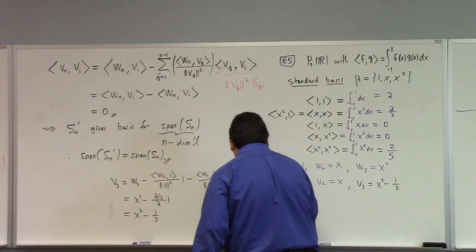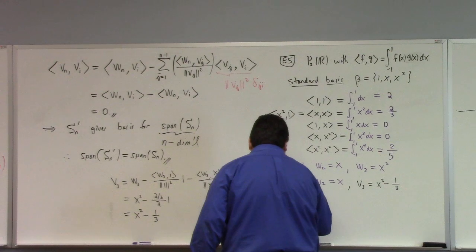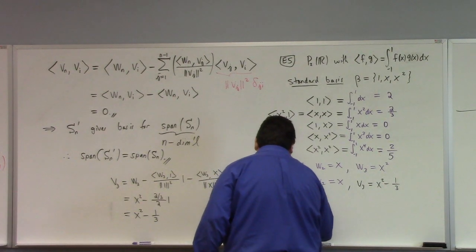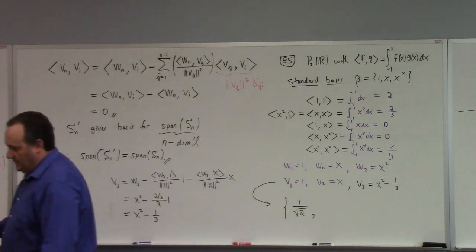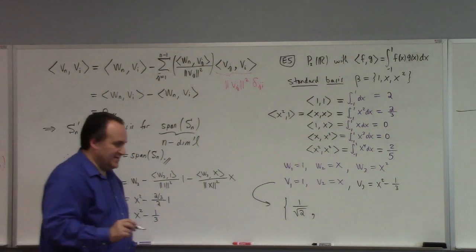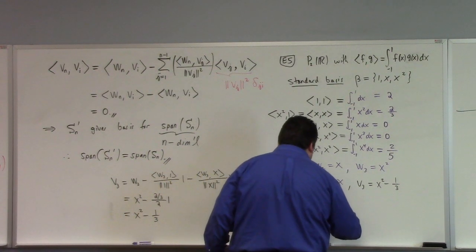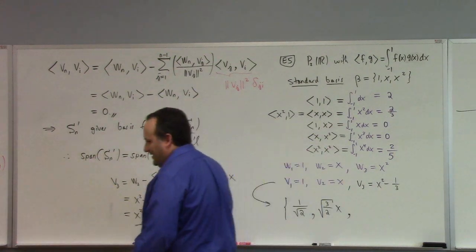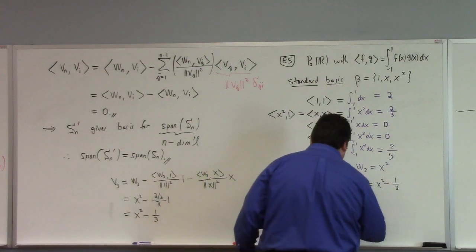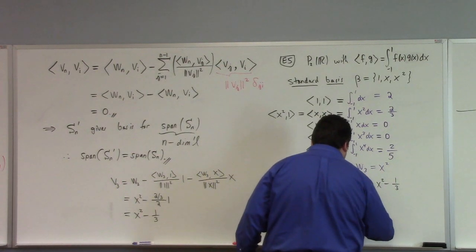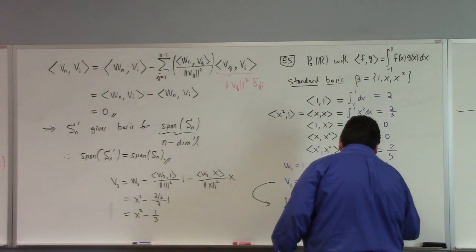And then this is not entirely obvious, but you can normalize these. And part of this won't be surprising: 1 over the square root of 2. I don't feel like calculating it at the moment, but it turns out to be square root of 3 over 2 times x, and then square root of 5 over 8 times 3x squared minus 1.